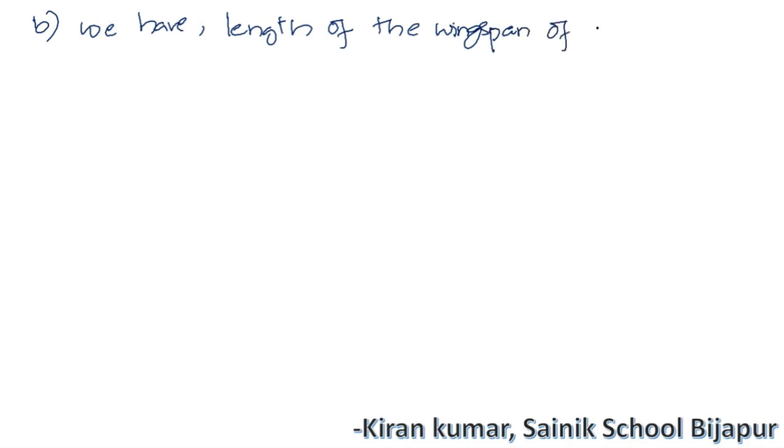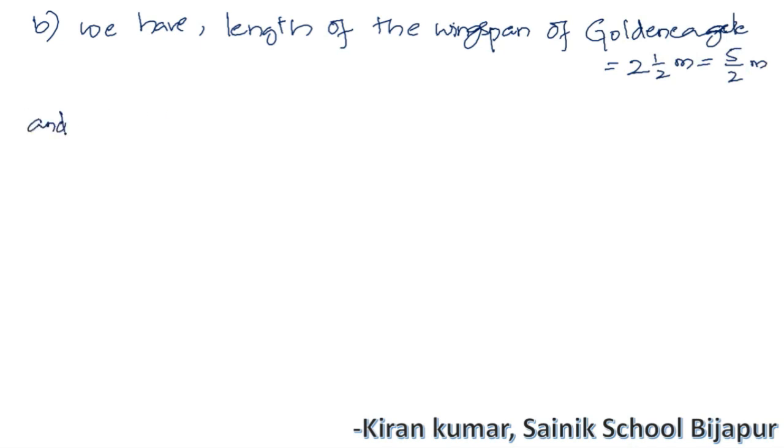Let us answer the second one. In the second, we have the length of the wingspan of golden eagle, which is 2.5 meter, which is same as 5 by 2 meters.